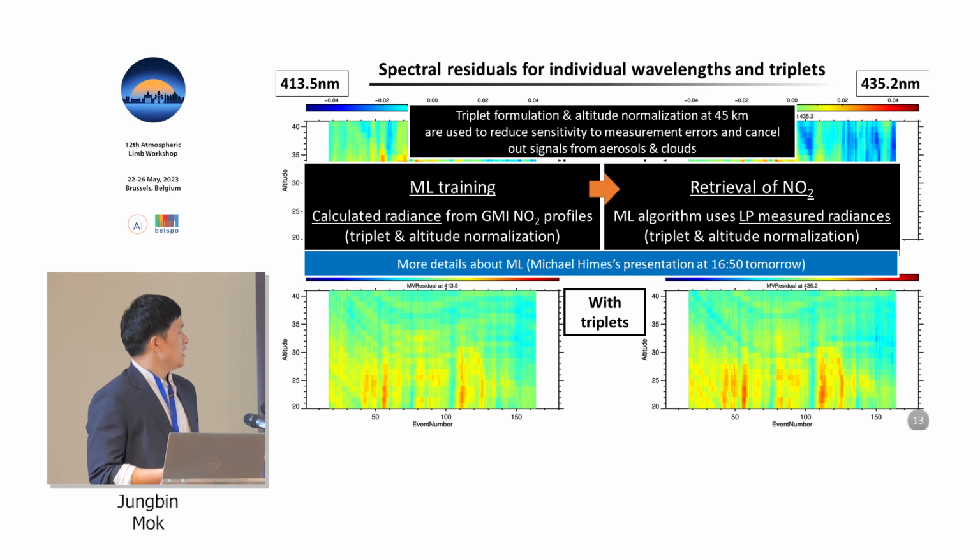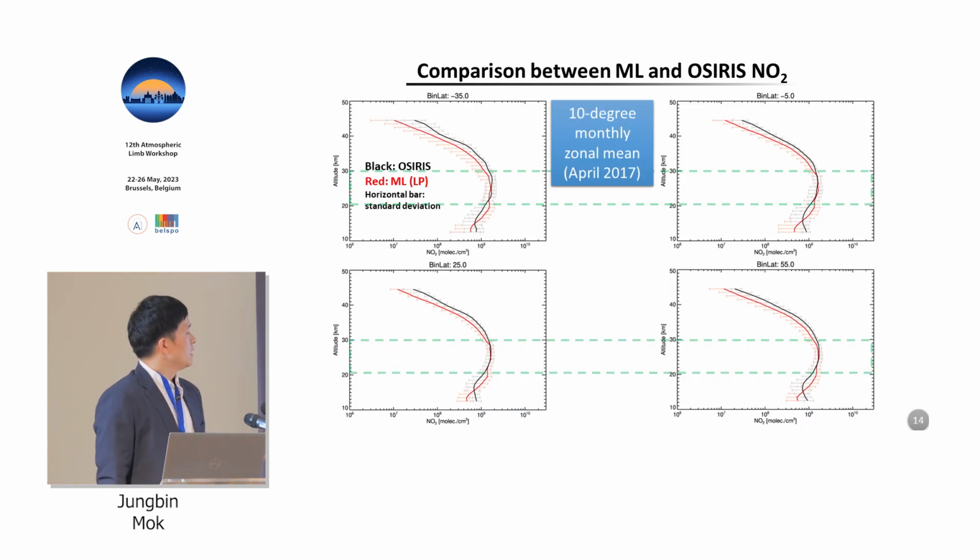For machine learning training, we use calculated radiance with triplet and altitude normalizations, and for retrieval we use LP measured radiance in triplets and altitude normalizations. For more details, you can see Michael's presentation tomorrow.